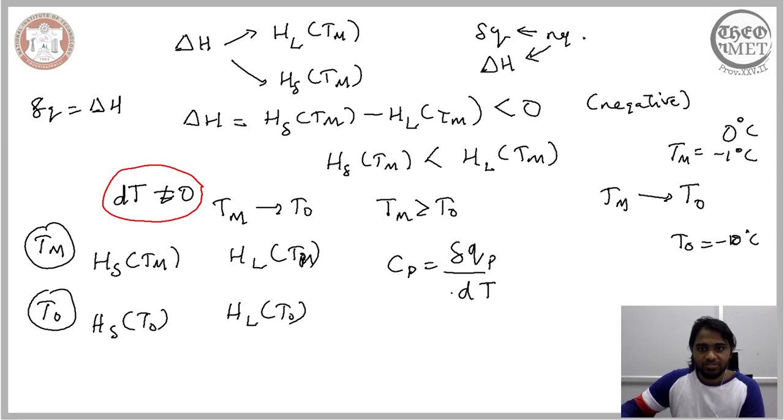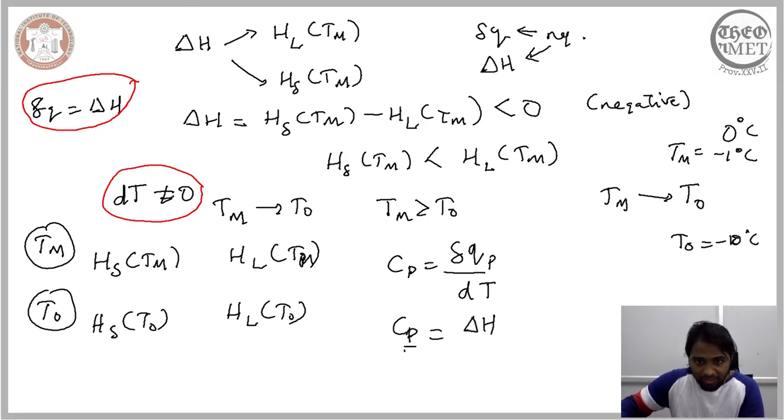At constant pressure, we have already seen that the heat transfer is equivalent to the change in the enthalpy. So that means Cp is nothing but delta H, again because of the constant pressure, over delta T. We can use this expression here because now we are considering a non-isothermal change in state.